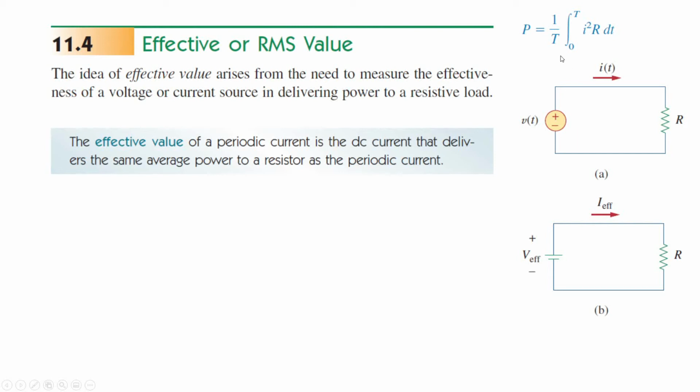So we have this expression for the average power of this AC current, and in case of DC current we have this particular expression for the power delivered by this DC current to this load of resistance R, to be specific.